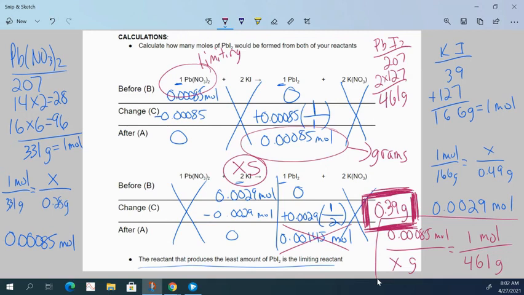So grams of PbI2 in the end should be 0.39, and this is the theoretical yield. That would become the theoretical yield right there. Okay, and it's going to depend on when we measure out our filter paper, subtract the filter paper out, how close do we get to that? But that should be the most we get when we do our reactions, 0.39.